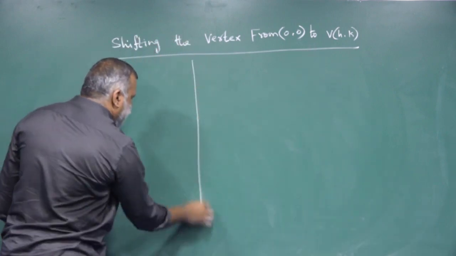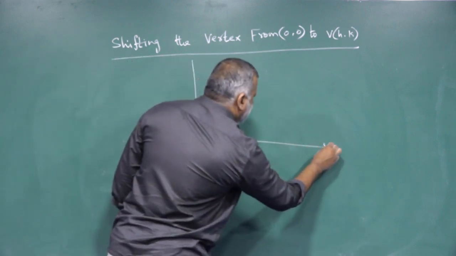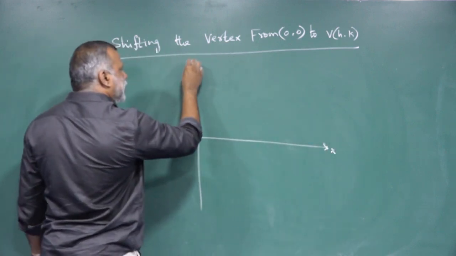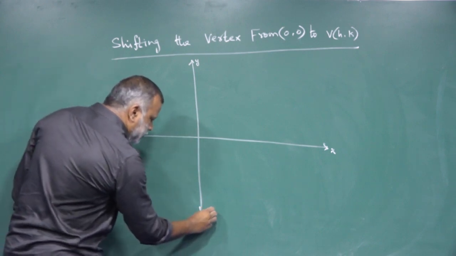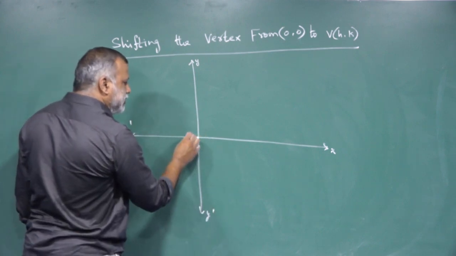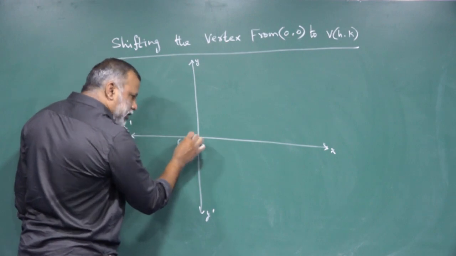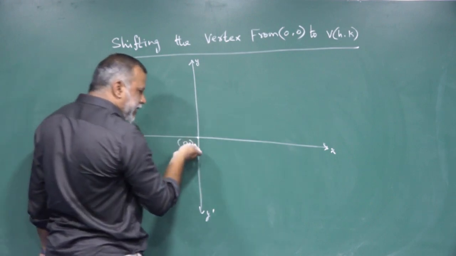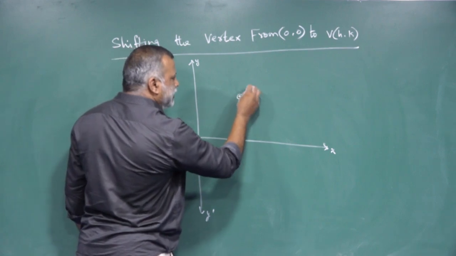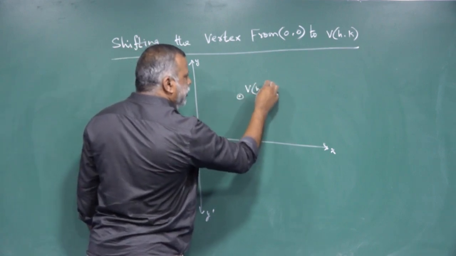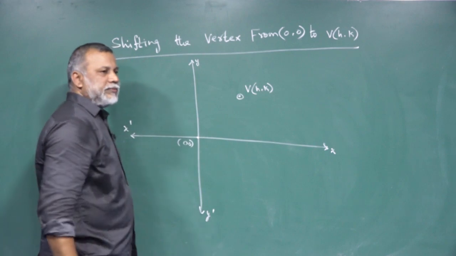Listen, I am going to draw a common diagram. From this, you are able to get the ideas. So this is the common vertex (0, 0). Now this vertex is shifting from this place to some other place, (h, k). In general, we say that (h, k) is a point lying in the first quadrant.